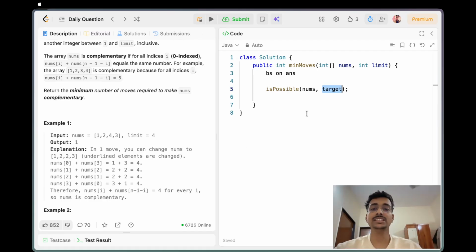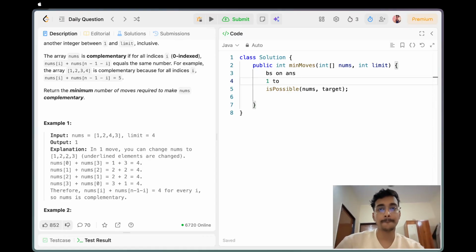Let's say this target has a range between 1 and 4. No, not 4. This target should have the range between... okay.